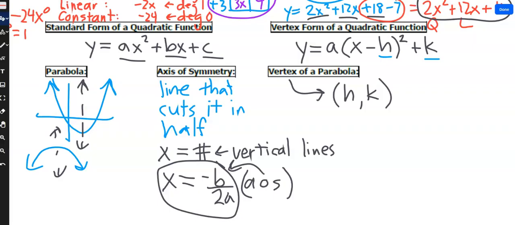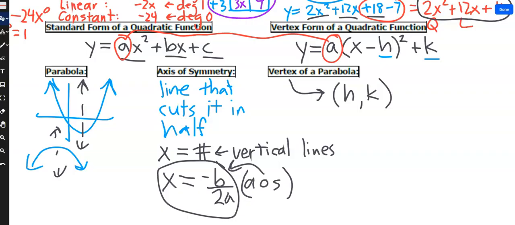And we do need the opposite, and that's why I put that negative in front of the b. Now, I do want you to notice that this a here and this a here are exactly the same. I know in the vertex form, you don't see b and c. They're kind of hidden in there. We'll talk more about that later. But the a is very obvious that it is the same in both.